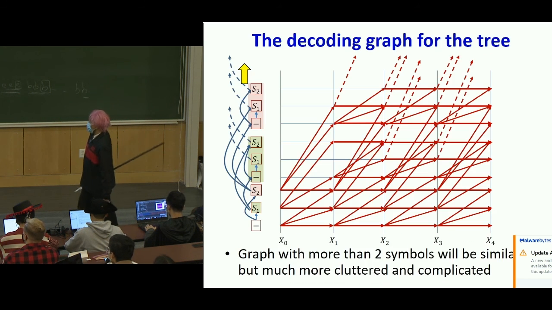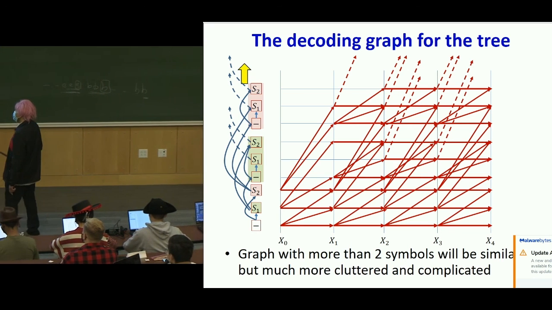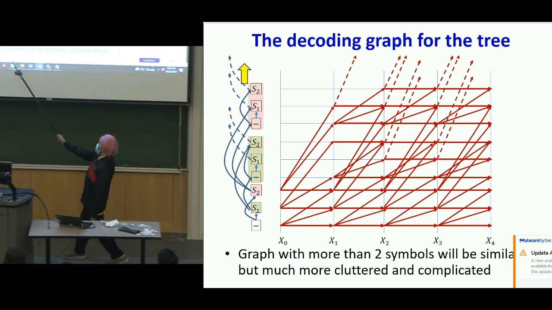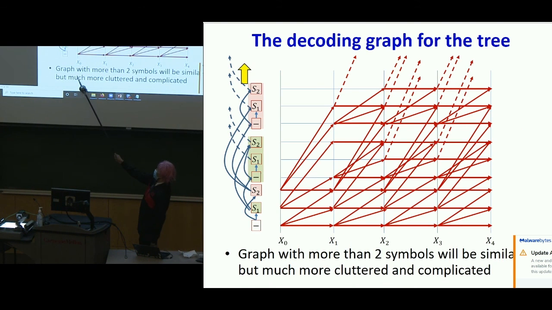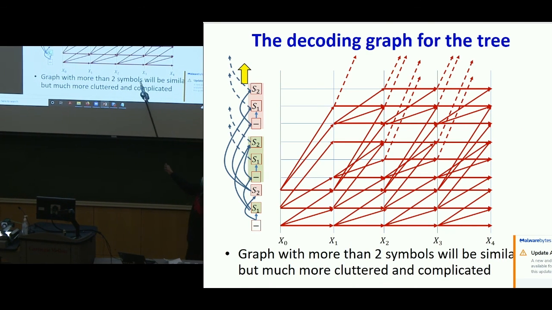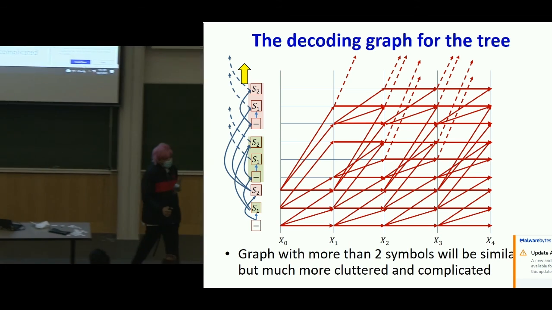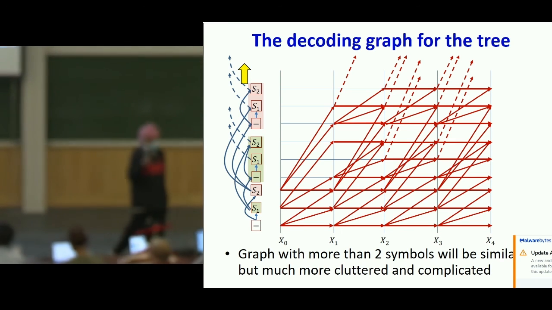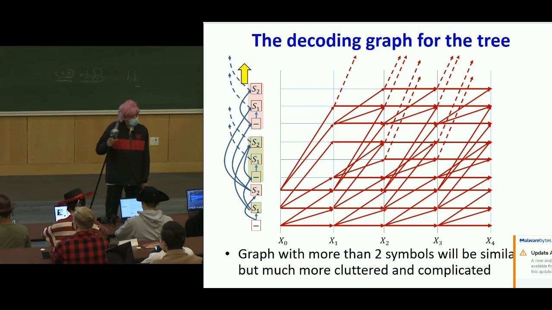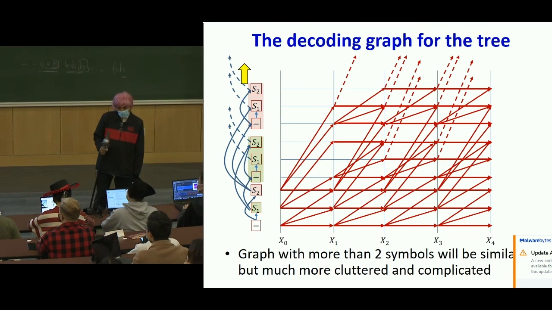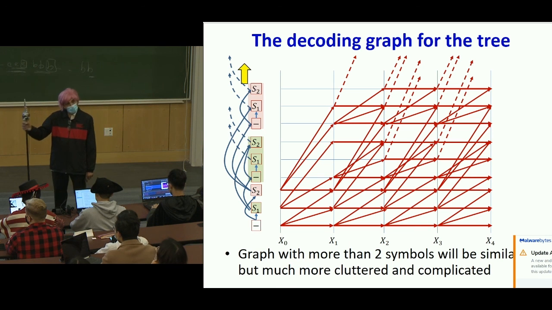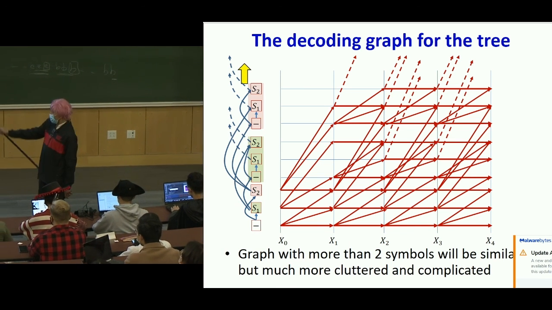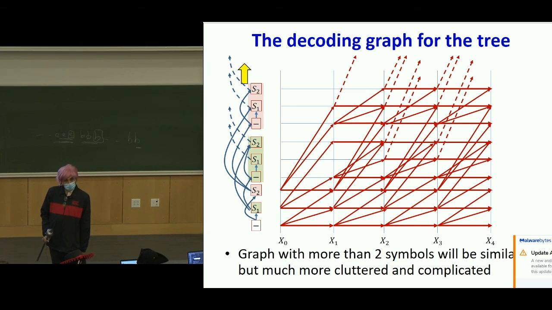And now here's what I would do. This figure to the left is the same as the tree over here. And now I can unroll this tree into a graph as we saw. Every row in the graph represents one of the nodes in the tree. Every time there's an arrow between a node in the graph and another node at the next time instant, it means there's an arrow between those nodes in the tree.